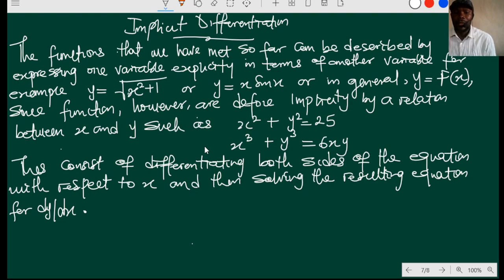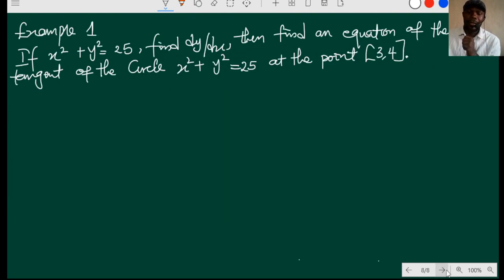This consists of differentiating both sides of the equation with respect to x and then solving the resulting equation for dy/dx.